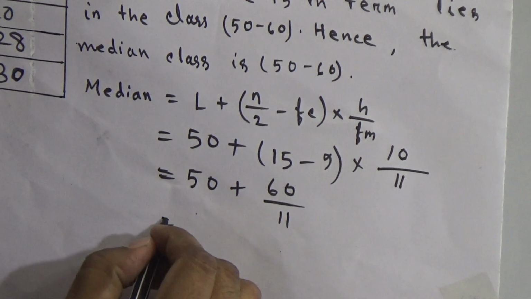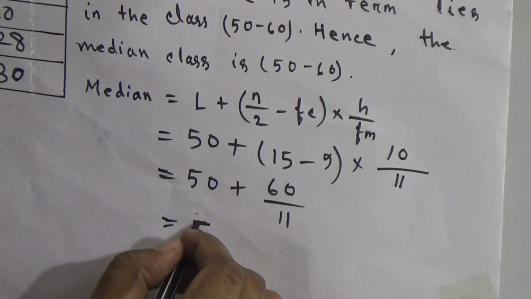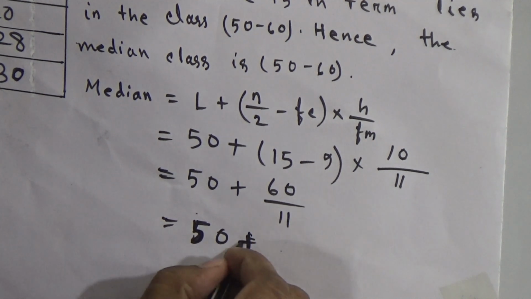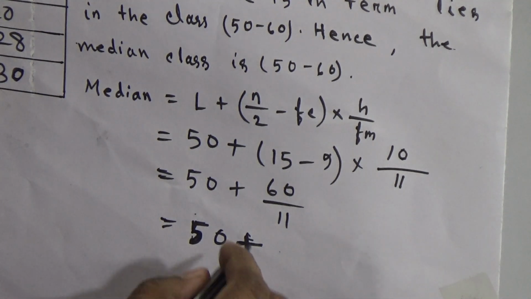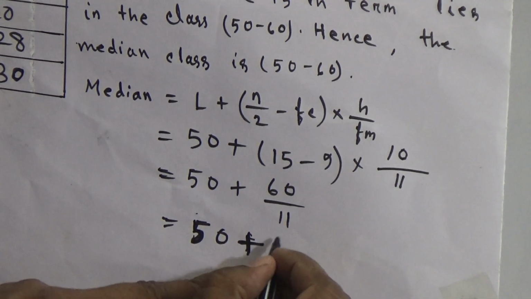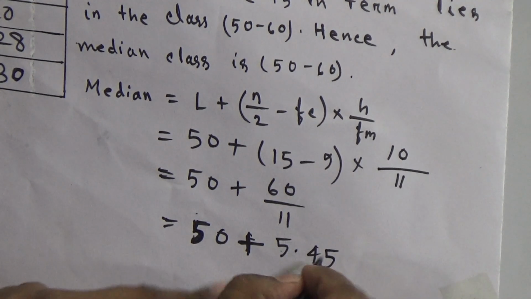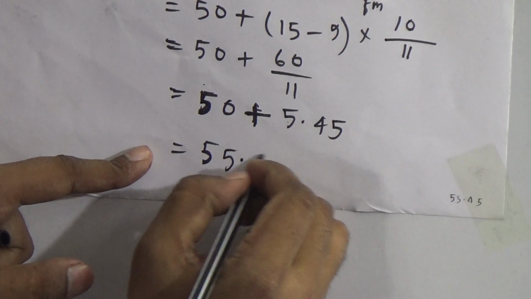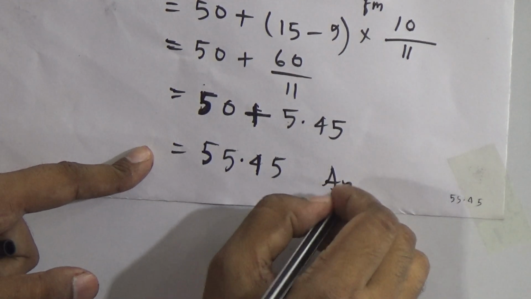This is equal to 50 plus, if we divide 60 by 11, then its value will be 5.45, and after adding we will get 55.45, and this is our answer.